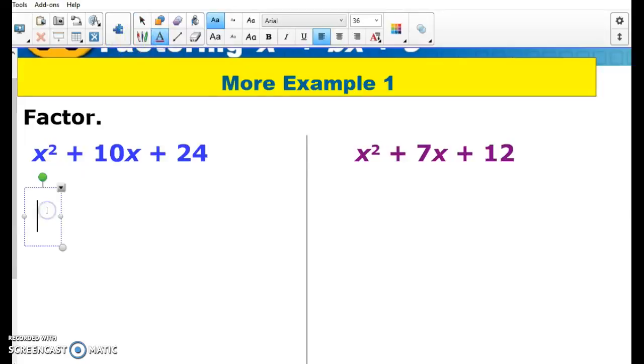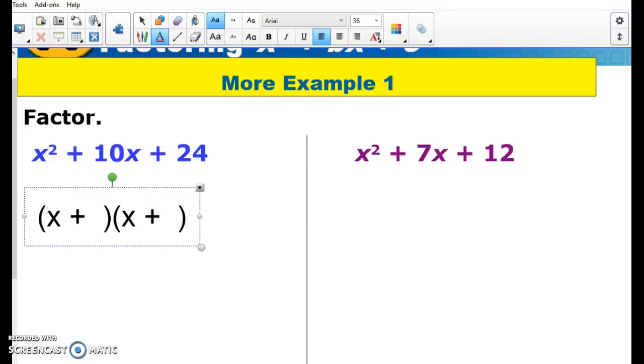Alright, so kind of the same thing here. I have x squared plus 10x plus 24. Okay, so I'm going to set up my parentheses here. I know the only way to multiply and get to x squared is x times x.